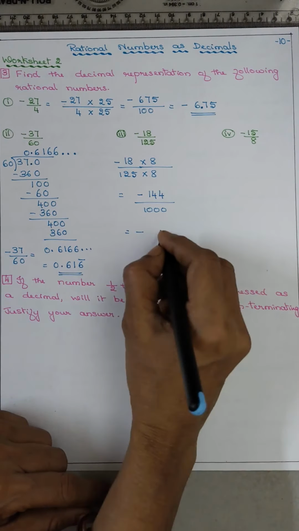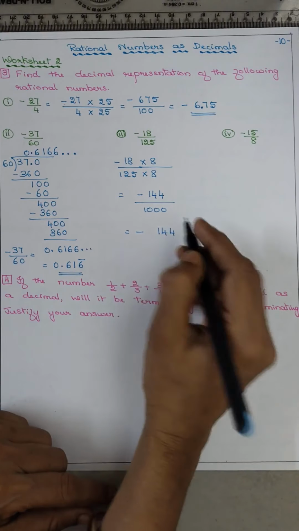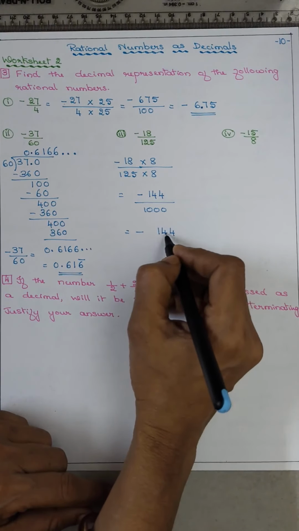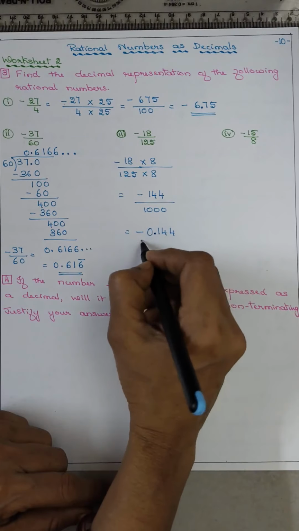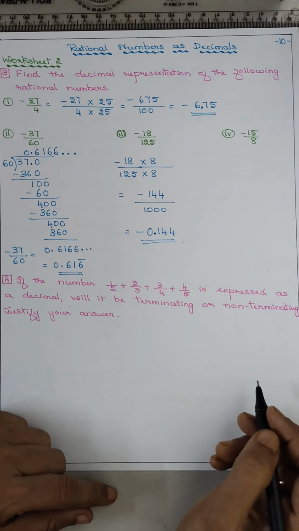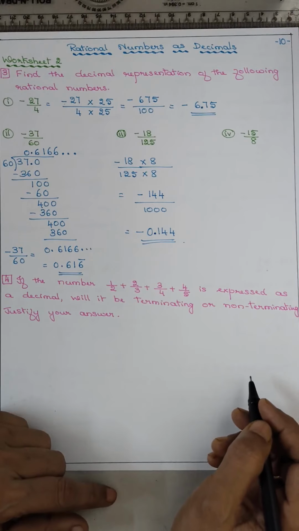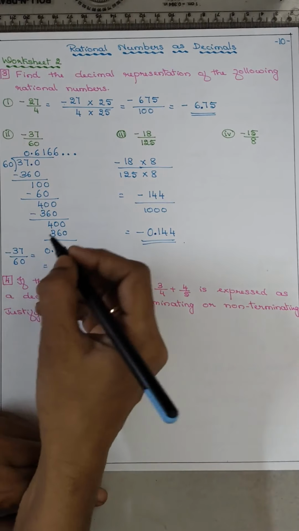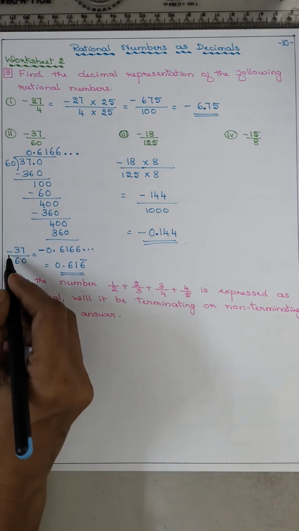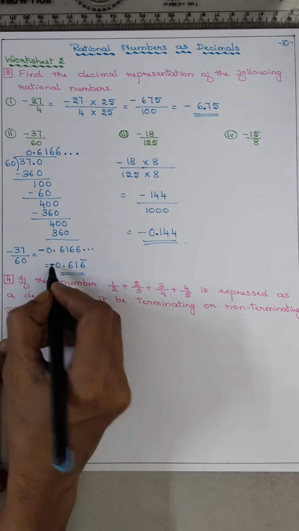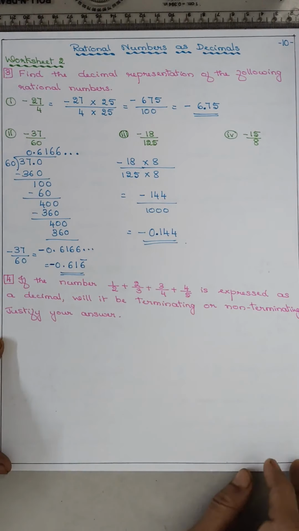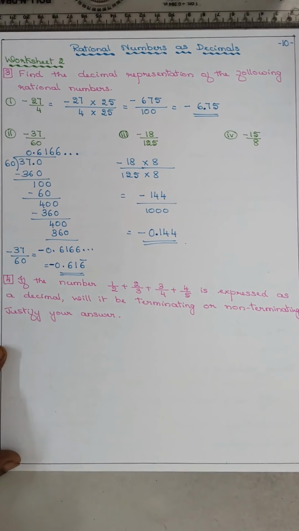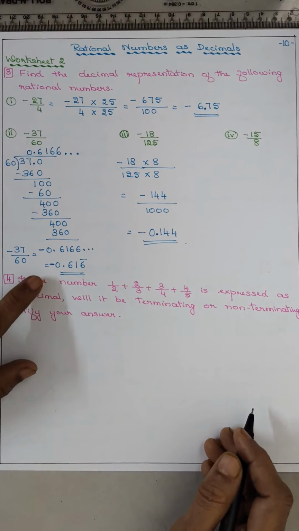So minus 144, and 3 decimal places. Answer is minus 0.144. Sorry, here it is minus because the rational number is minus, so the decimal also will have minus. Okay, don't forget to put the sign.